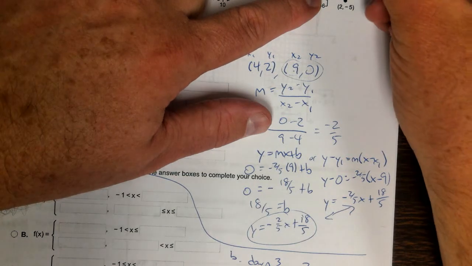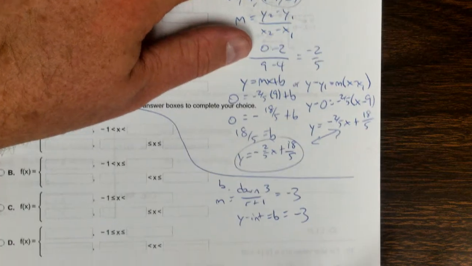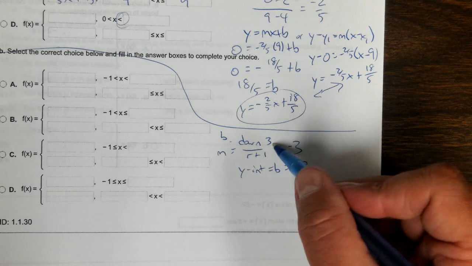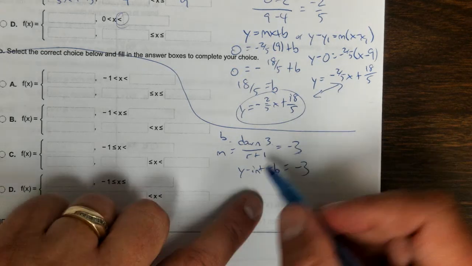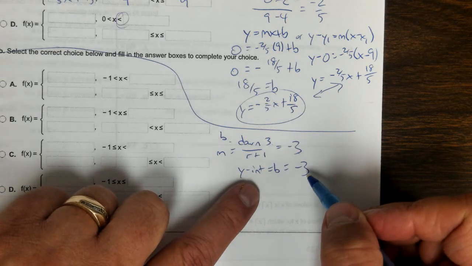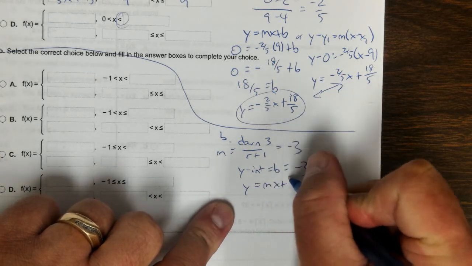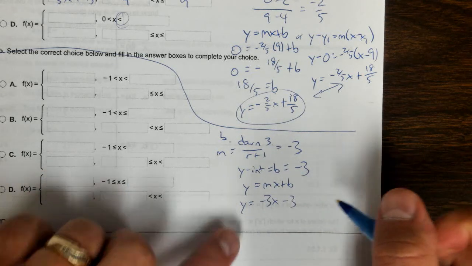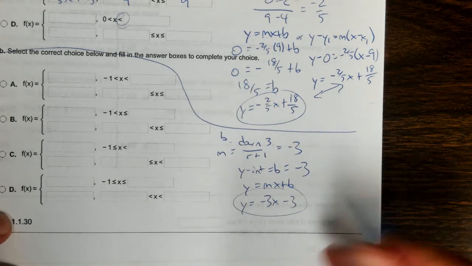And it's -3, because it's right on the y-axis. So what I wrote was m equal, and then I put down 3 over right 1, which is -3. And then I put y-int, which is b, is -3. Now what does that mean? It means y equal mx plus b, so it means y equal -3x minus 3. So that's going to be our first one.